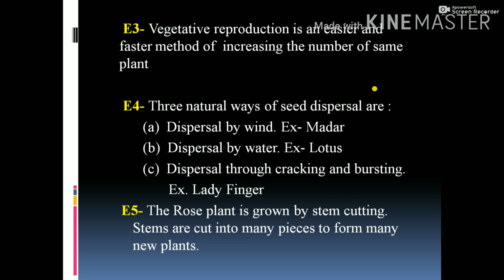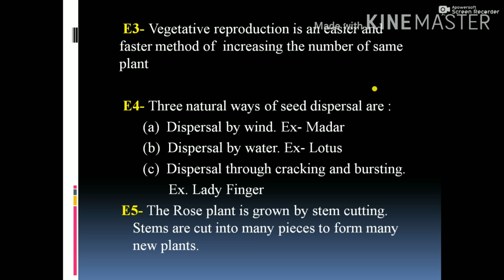Dispersal by water, lotus, a very common aquatic plant. You can also say the example of coconut. Number C, dispersal through cracking and bursting. It means lady's finger. Ladyfinger is a type of vegetable, you know, and these days you can watch. This is the season of this vegetable, and you can see how the seeds are arranged in the ladyfinger.